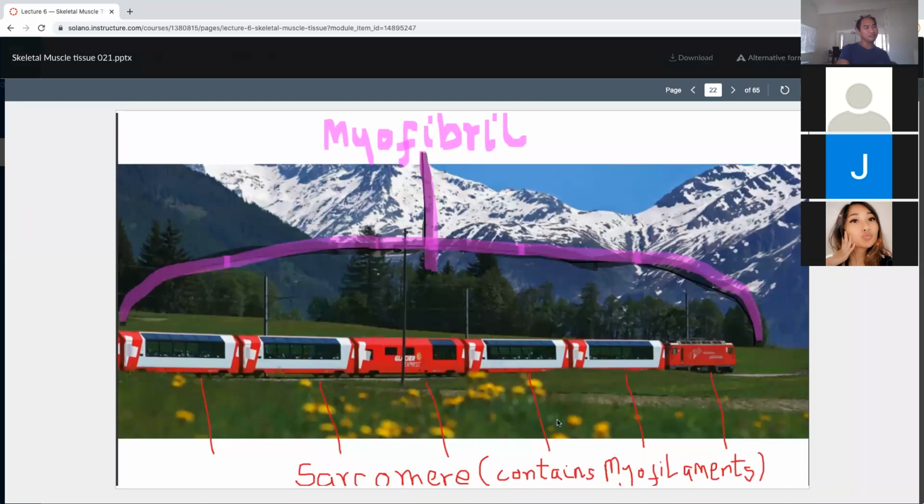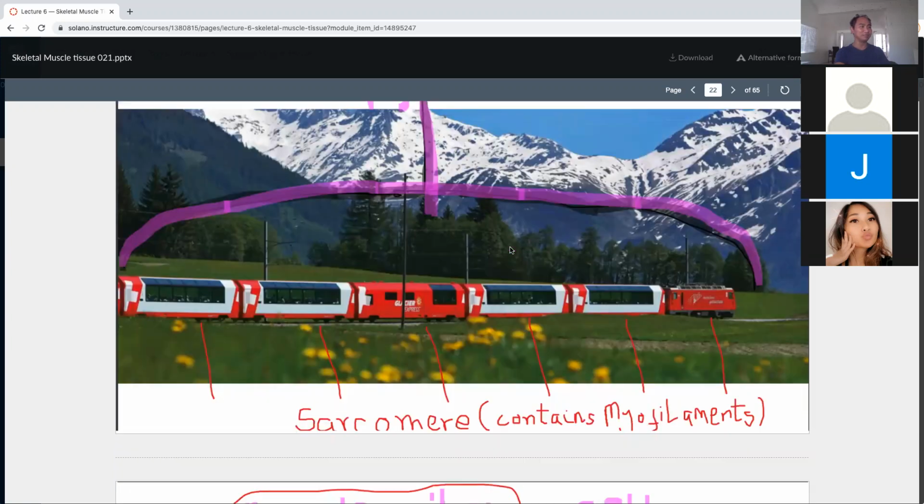Each and every one of these, we have to take as a sarcomere. A sarcomere is a segment between two Z lines, and in the center we have M for middle. If we arrange every sarcomere in a continuous longitudinal arrangement, that continuous arrangement is called a myofibril. Fibril for thread, myofibril.